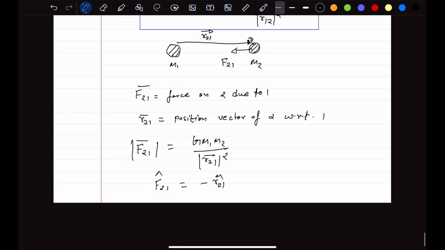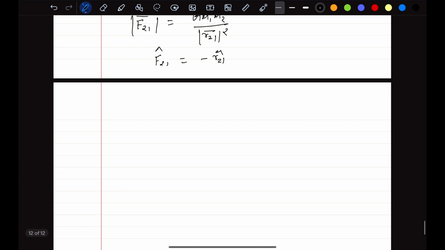So if you combine, then we can say that F21 vector is equal to negative of G m1 m2 divided by r21 magnitude square multiplied by r21 cap.